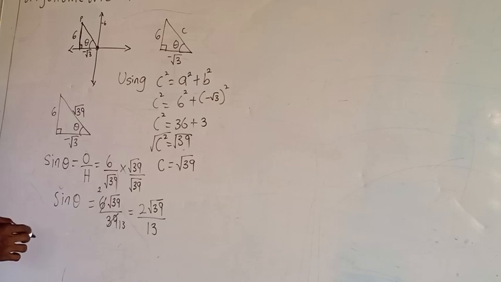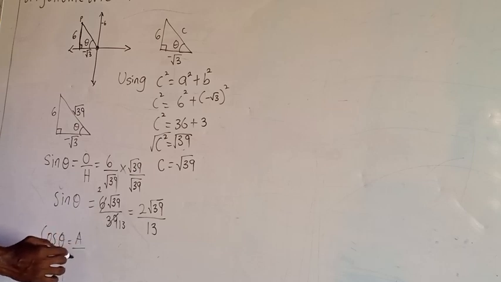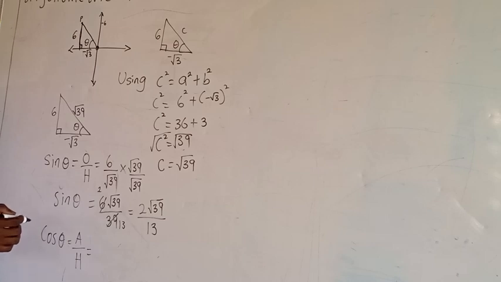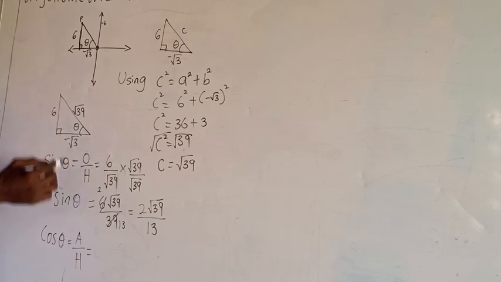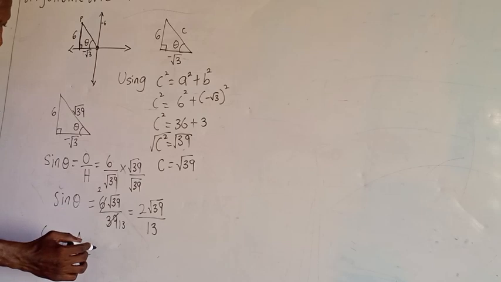The next thing to do here is to look for our cos theta. Our cos theta equals adjacent over hypotenuse. In this diagram, the adjacent is minus root 3.